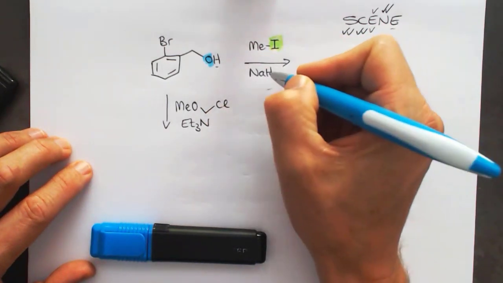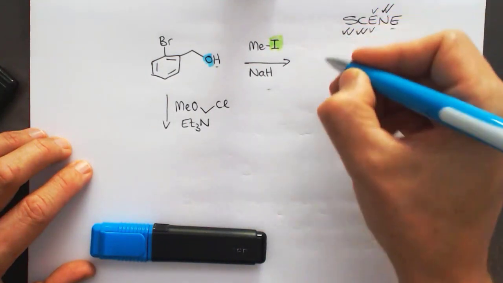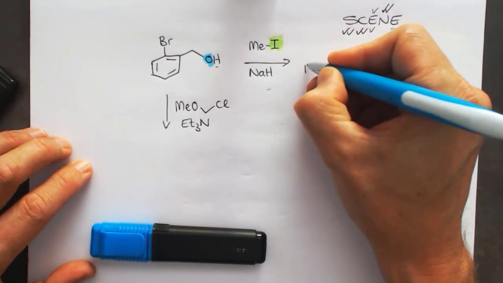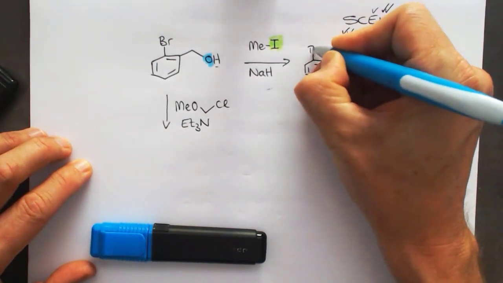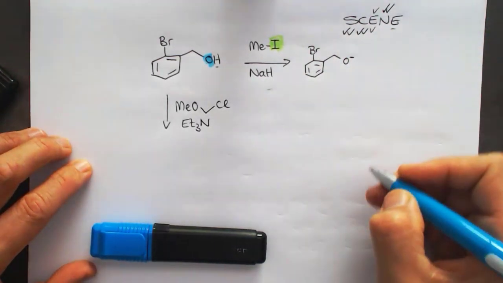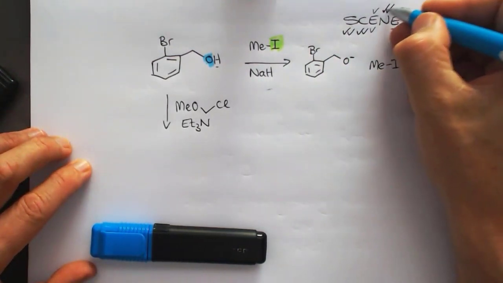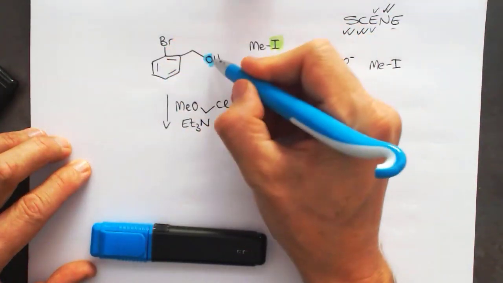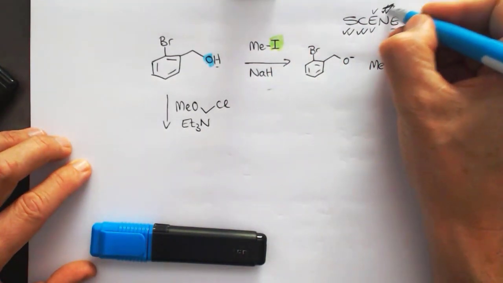So the sodium hydride will deprotonate that, and we're going to generate the alkoxide before the reaction occurs, so we're going to get an O- like that, which is then going to want to react with the methyl iodide. At first glance, this nucleophile looks like it's an OH, but actually it's not that at all.